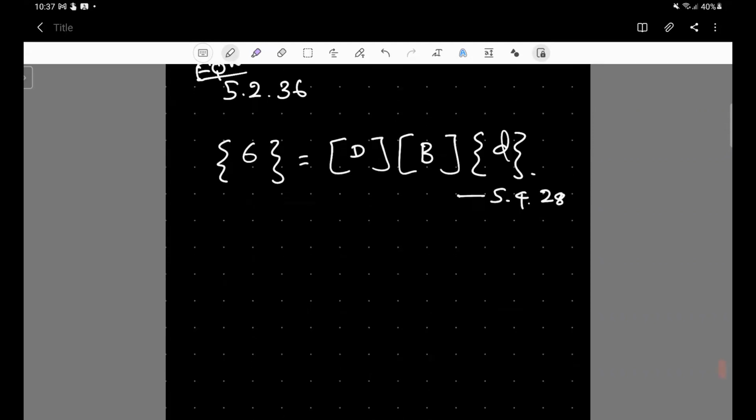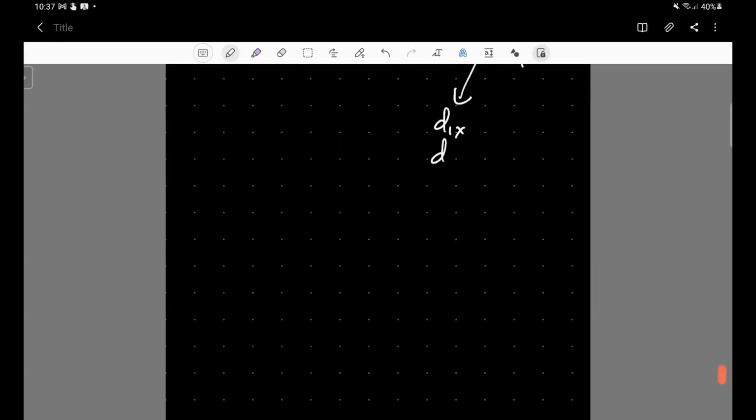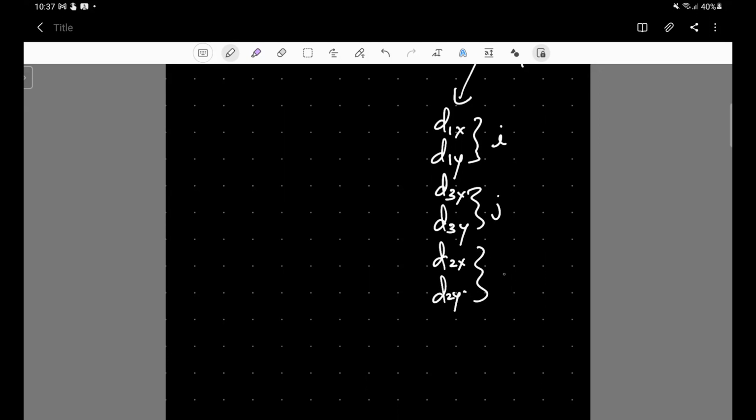If we take element number 1, of course, we are talking about displacements of node number 1, node number 3, and node number 2. So I, J, and M. Check I, J, and M nodes.